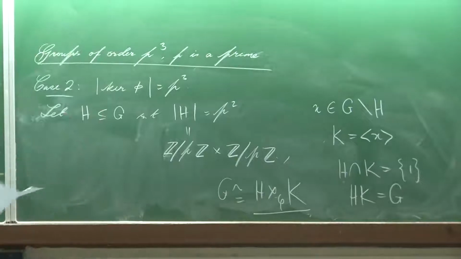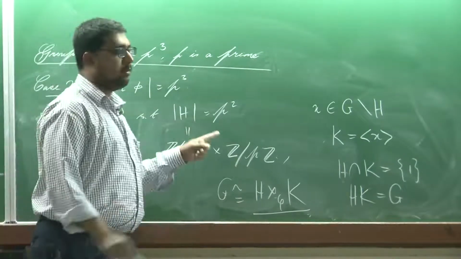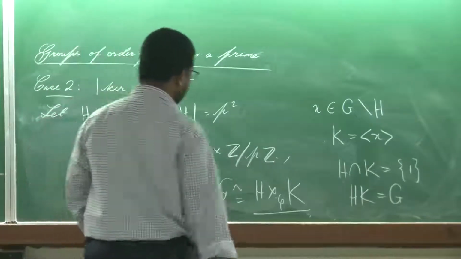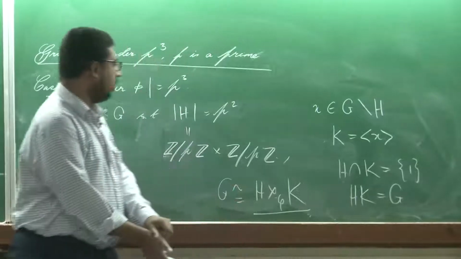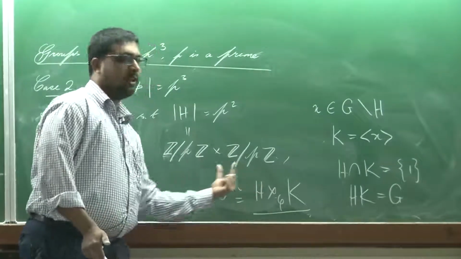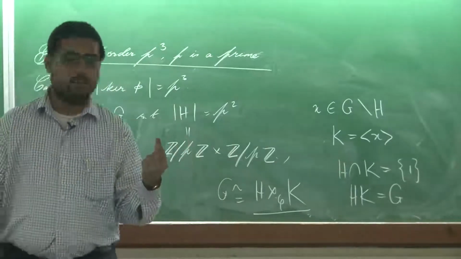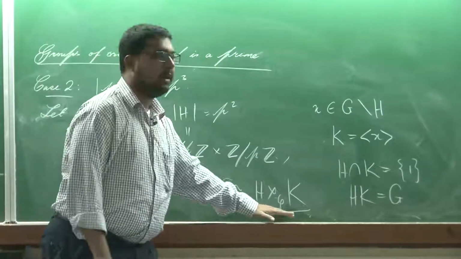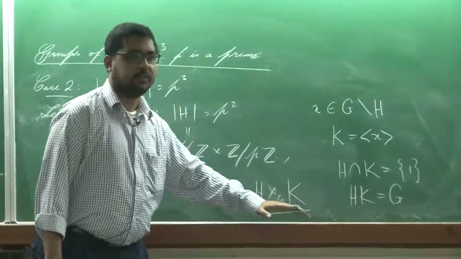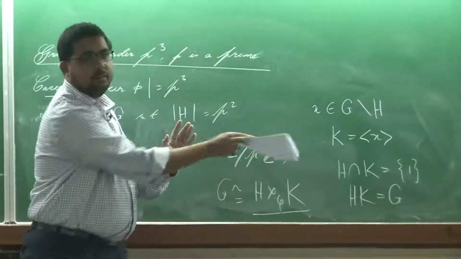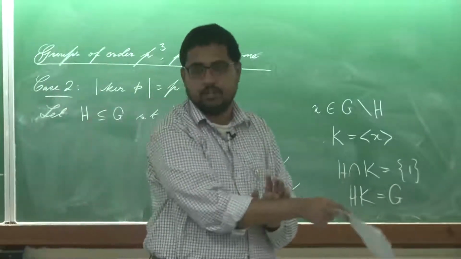So, thus what we see in this case, if the kernel of the power map is the whole group, then G must be isomorphic with the semidirect product of the subgroup, which is the direct product of two copies of Z modulo p Z, with another copy of Z modulo p Z by a non-trivial homomorphism.